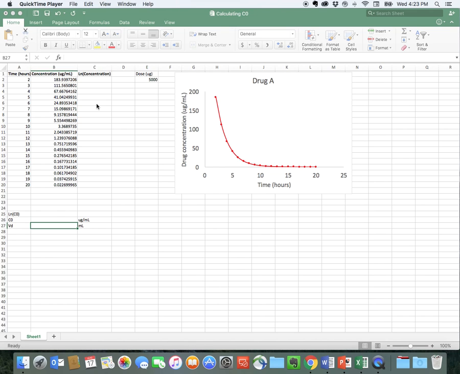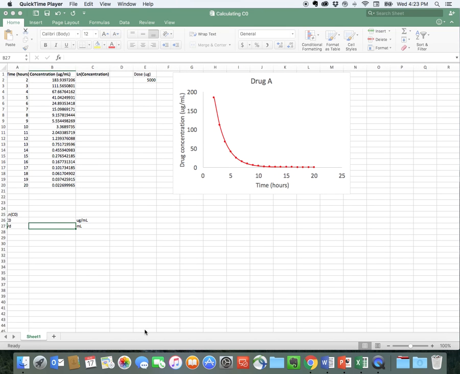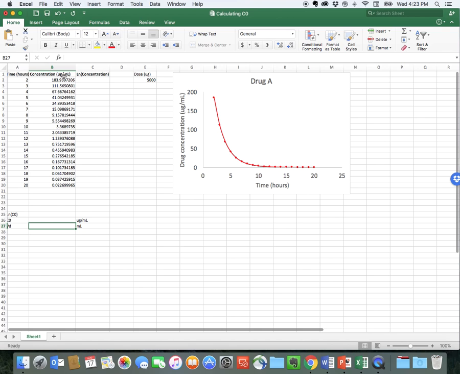using Excel. So this is a data set of time concentration data. It is an ideal data set, so there is no noise. It is also a data set that is very simple because it is for a drug that was administered intravenously and a drug of which the pharmacokinetics is best described using a one-compartment model.